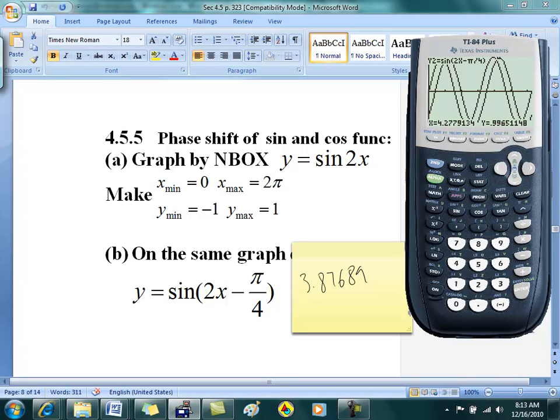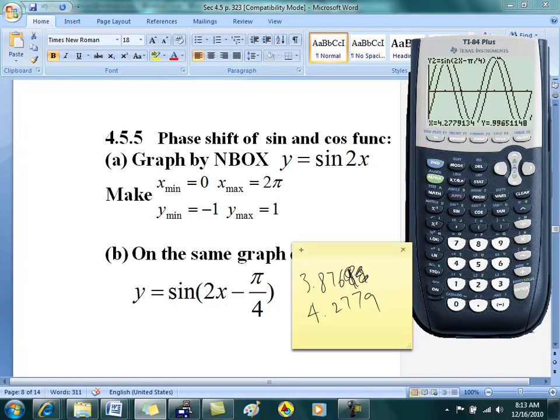What's the x value there? I get 4.2779 and 3.87689. I'll work to 4 decimal places. Not quite what I like to do, but it's like that.